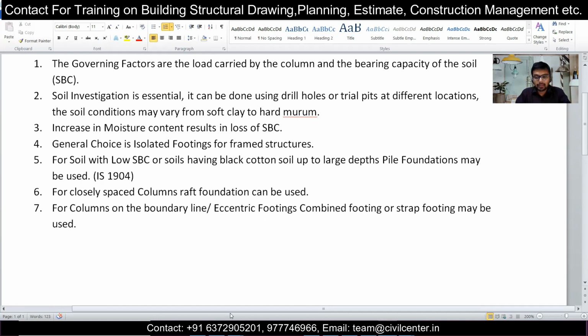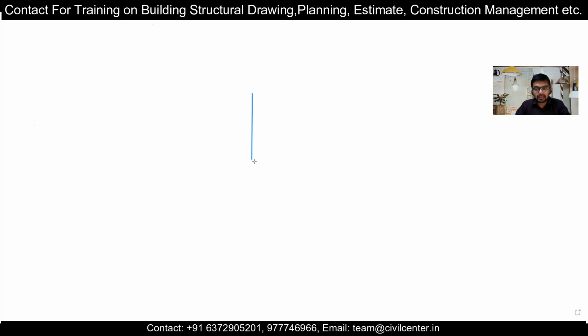I'm just giving you a brief example here, because when we are designing the footings, the position of your groundwater flow significantly affects our SBC. If the groundwater is close to this particular footing, it will reduce the SBC almost by 50%.